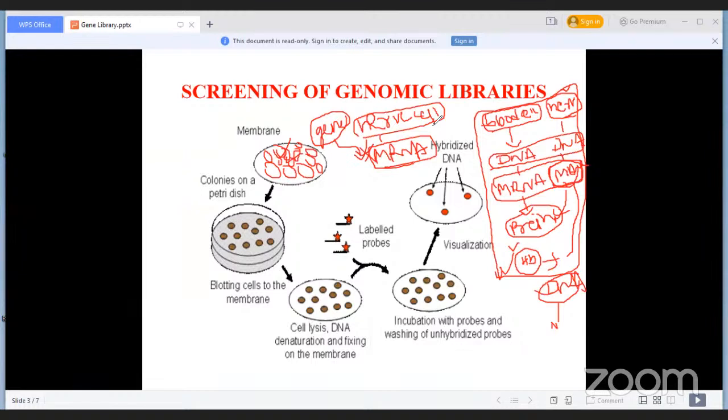Later, advantages, disadvantages. That's enough. If they ask the question as write about genomic library and compare with cDNA libraries, then you have to write the comparison also.